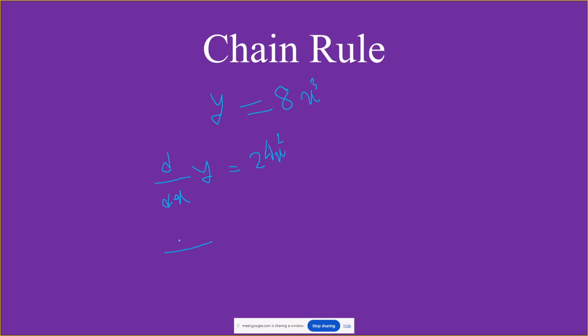When we do this for the second time, y double bar, it will be 48x. And when we do it for the third time, it will be just 48. So this is the chain rule: you are differentiating more than one time, until your desired output is found.